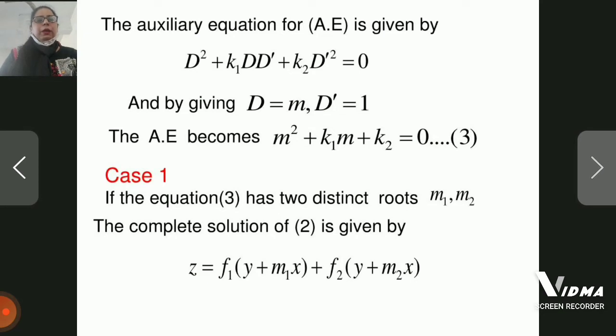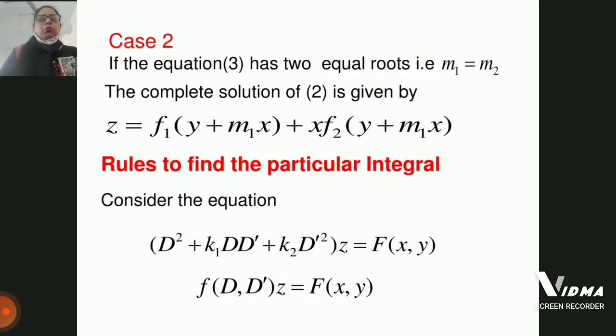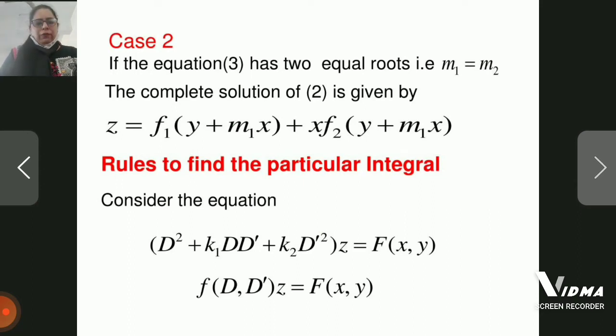For case 2, when the roots are equal, that means m1 = m2, the complete solution is z = f1(y + m1x) + x f2(y + m1x). This is how we find the complementary function.